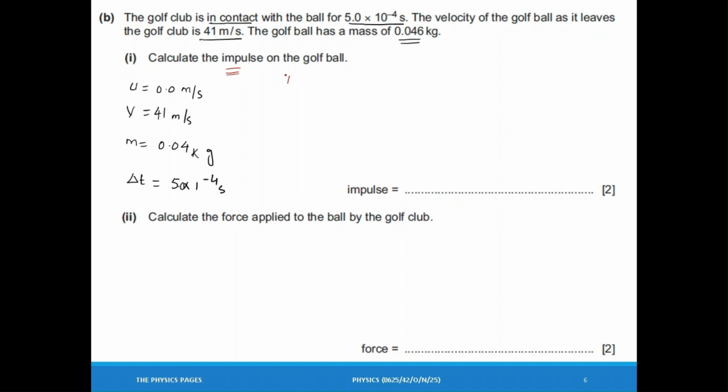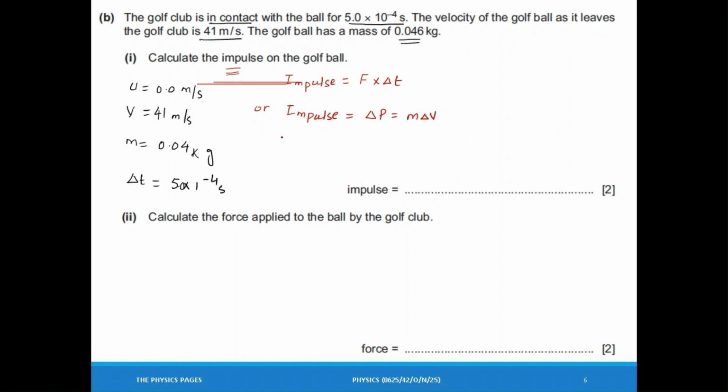First of all, we know that impulse is the force on an object, a large force for a very short interval of time. This is one definition. And another definition of impulse is that it is also called change in momentum. So we can say impulse is equal to delta p, or you can say m delta v.